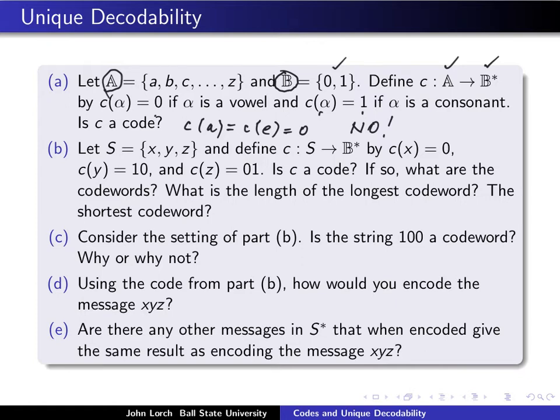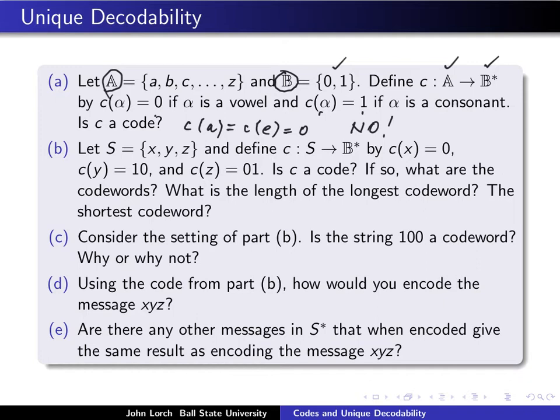Now here, this C is in fact a code. It's a one-to-one function, right? X, Y, and Z are all sent to distinct things, so it satisfies being one-to-one.